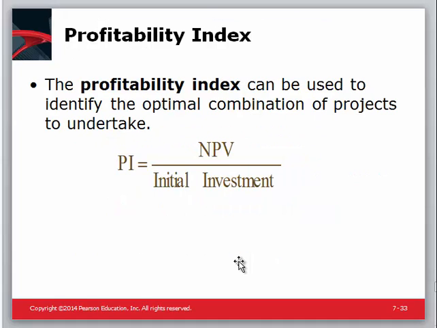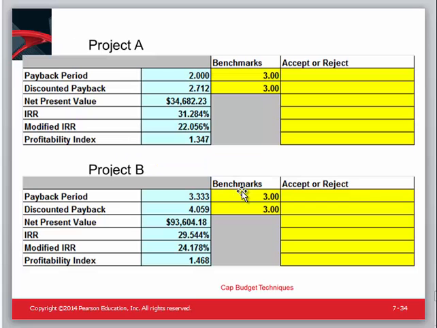The final technique that we want to talk about is something called the profitability index. In this case, you just take the net present value and divide it by the initial investment. Essentially, this is a picture of net present value. It's just rewritten, or the formula is just slightly different.